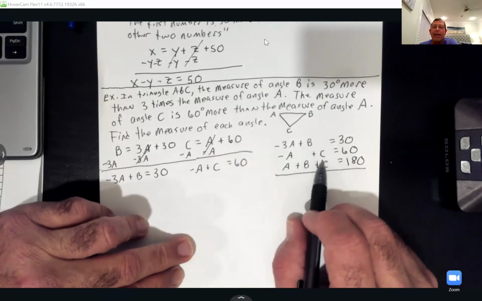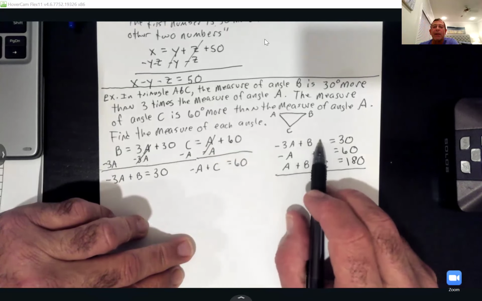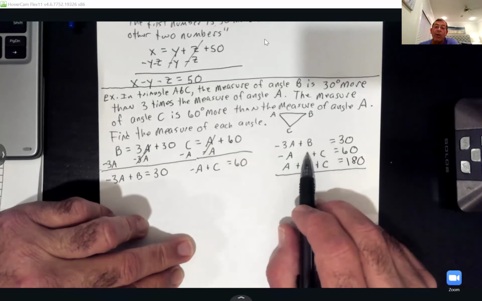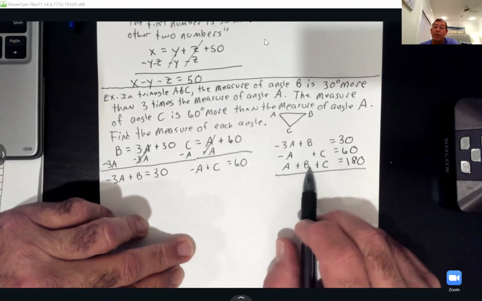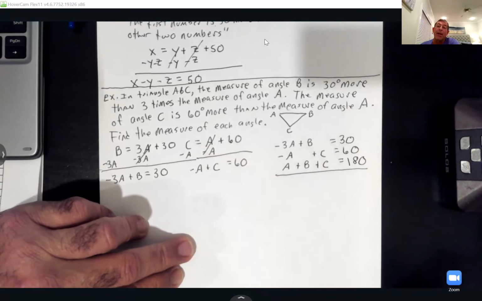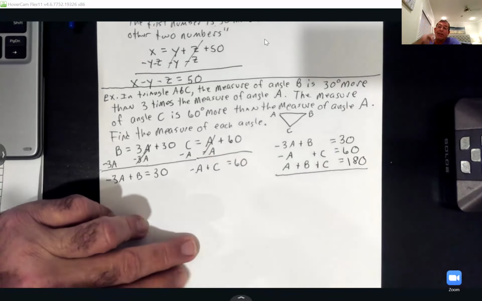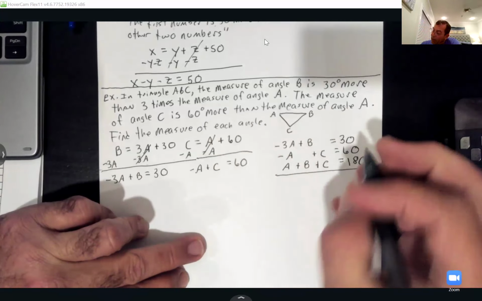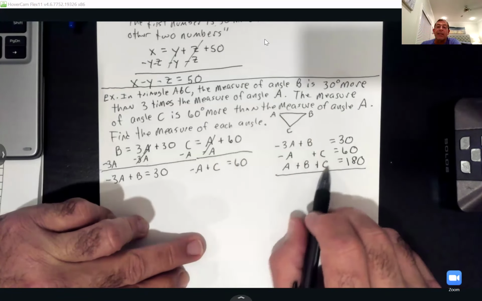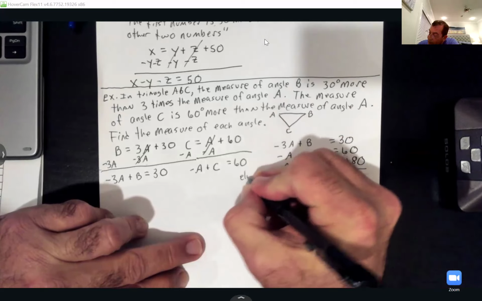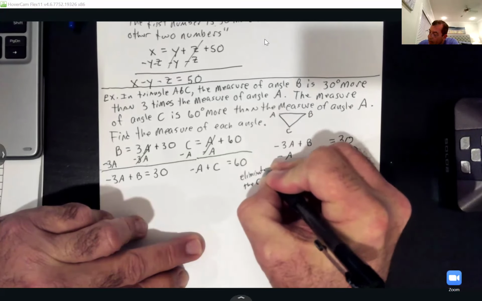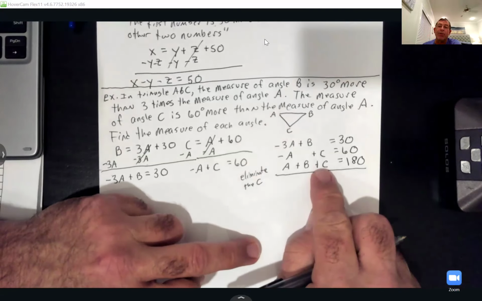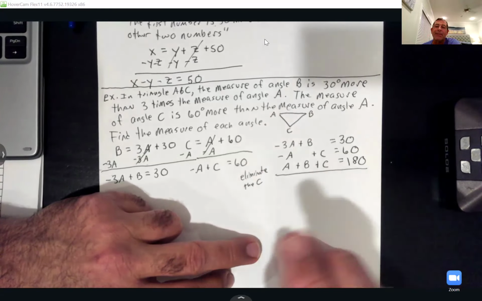The one we got from adding these, and then this one automatically because it don't have a C. Or you could do that with this one because it's missing a B. Since this one's missing a B, we could eliminate the B on the first and third equations and use the other one for the second equation. So what I'm going to do here, I'm going to eliminate the C. But you're going to see something pretty cool happen on this one when I eliminate the C's almost.